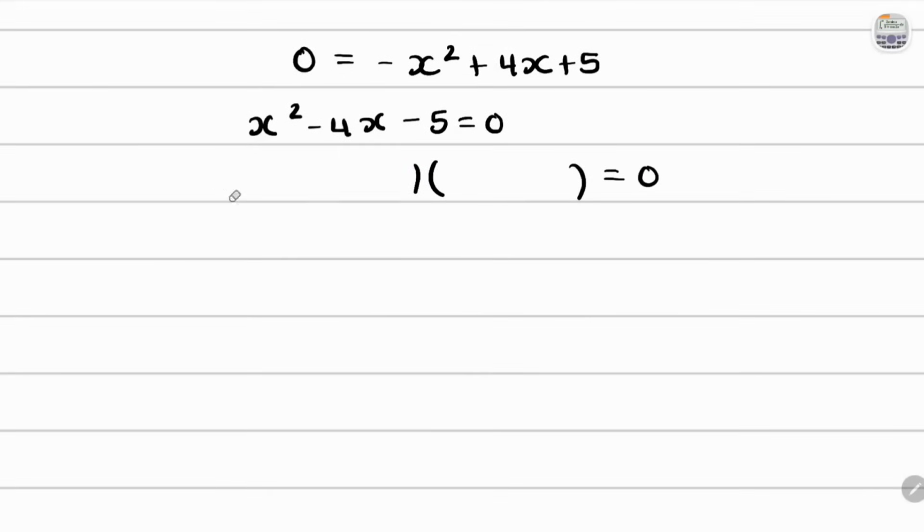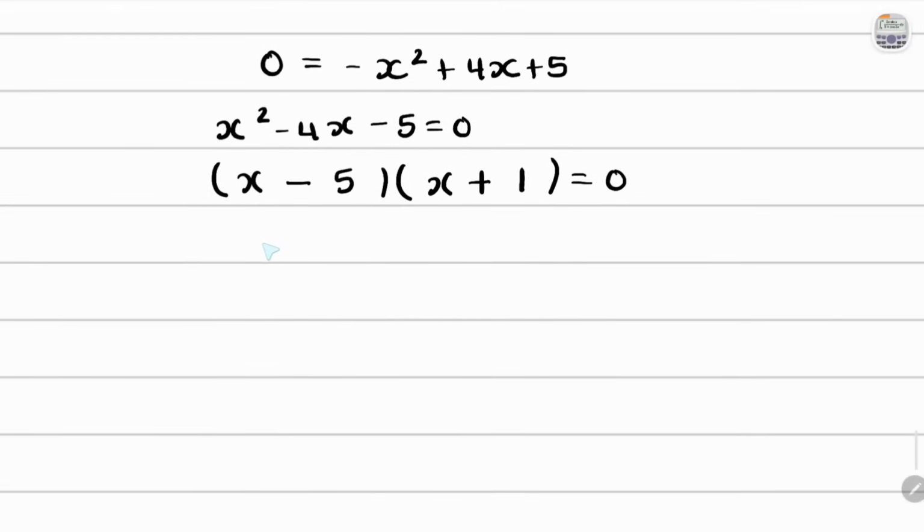So x multiplied by x gives you x squared, and factors of -5. 5 is a prime number, so it's just 5 and 1. And which should be negative so that we get a -4 in the middle. It should be the 5. Give the negative to the bigger number. Okay, so this is x is equal to 5 or x is equal to -1.